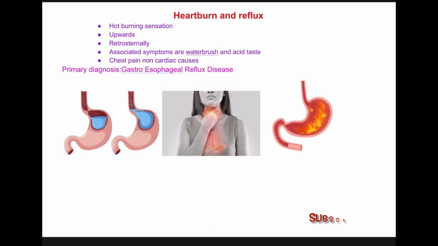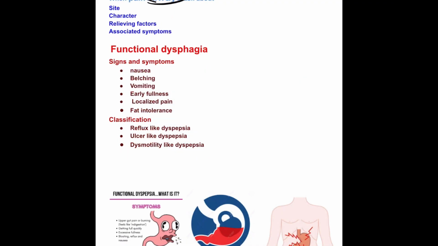If your patient is complaining of heartburn and food reflux, your primary diagnosis should be GERD, gastroesophageal reflux disease. This happens when the lower esophageal sphincter is dilated, allowing the acids to go up to the esophagus. Ask about the site of the pain, characteristics, and the relieving factor, maybe food is relieving it, or NSAIDs.